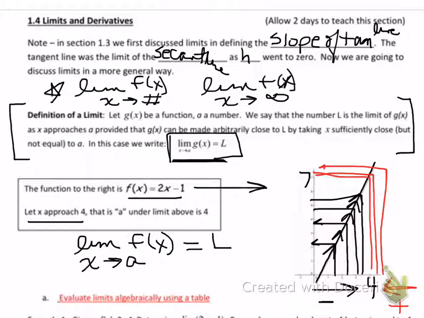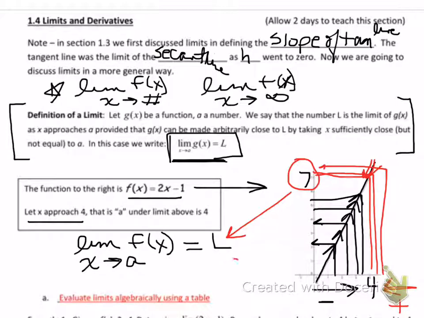And what I'm seeing is, as I come down my function and approximate the y, I am converging on the y value of 7. So that y value is my L. So the limit of the function as x goes to a is 7.